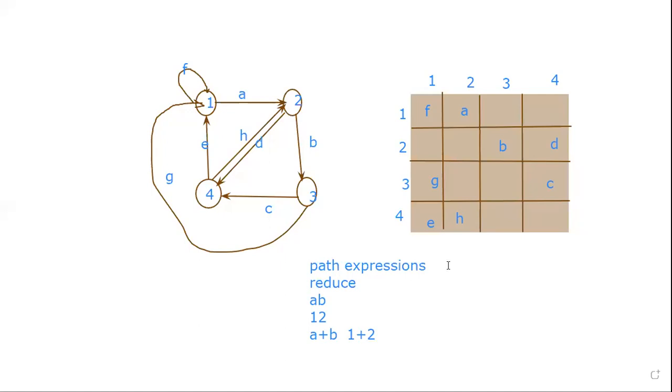Parallel links means, consider 2 to 3. From 2 to 3 you have one link and you are adding another link here. So there are two ways to reach 3 from 2, the other one being I.